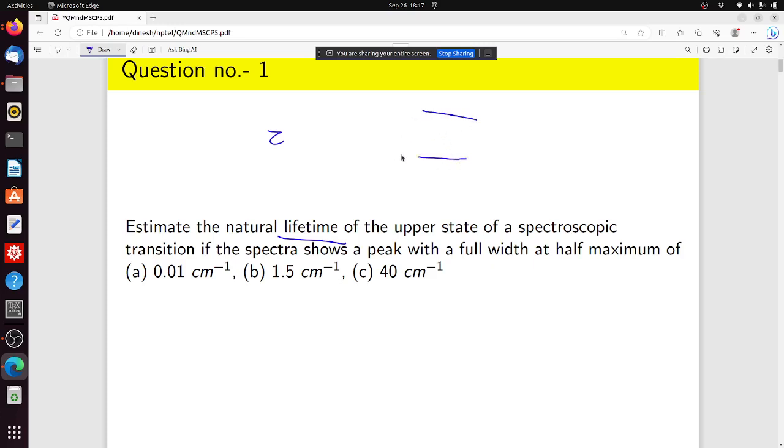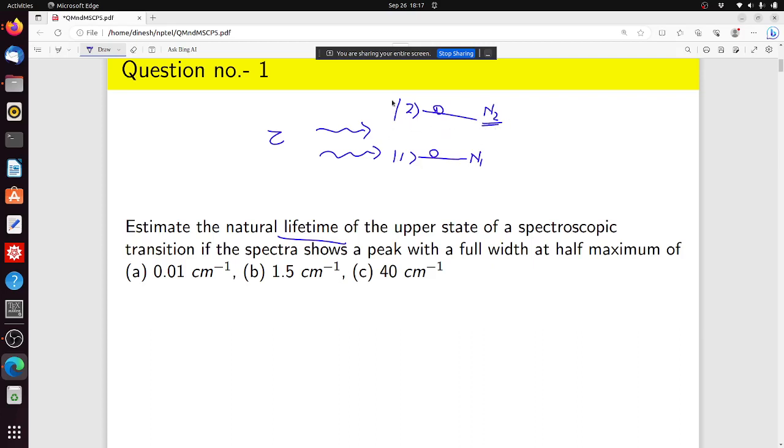There are two states, let's say 1 and 2. Initially you gave some energy to the ground state particles, so all the particles in the ground state, let's say n1, got excited and transferred to the excited state. Let's say the population is n2 in this second state.